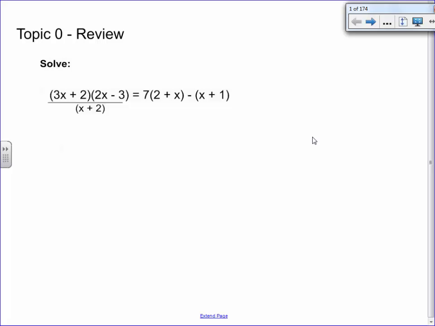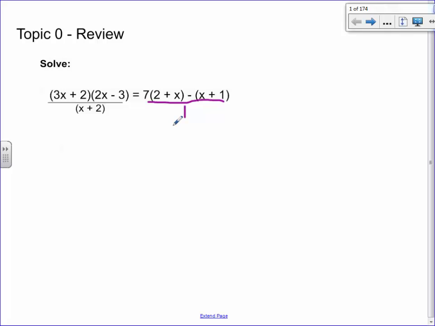Cross multiply. You guys recall that at all? We're going to need to cross multiply at some point, right? The bottom of this fraction right here and the bottom of that fraction right there. There's a fraction there, right? It's not written as so, but there's a fraction there. We will need to cross multiply at some point.